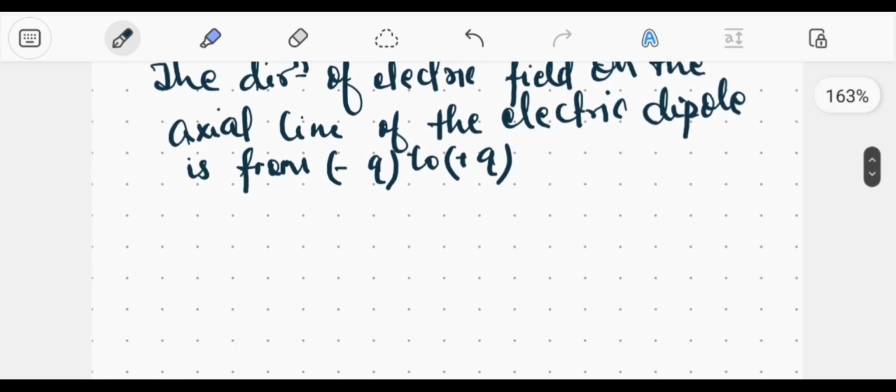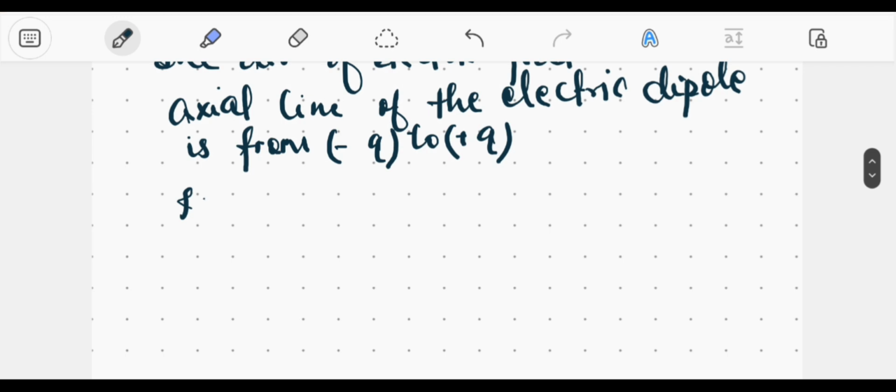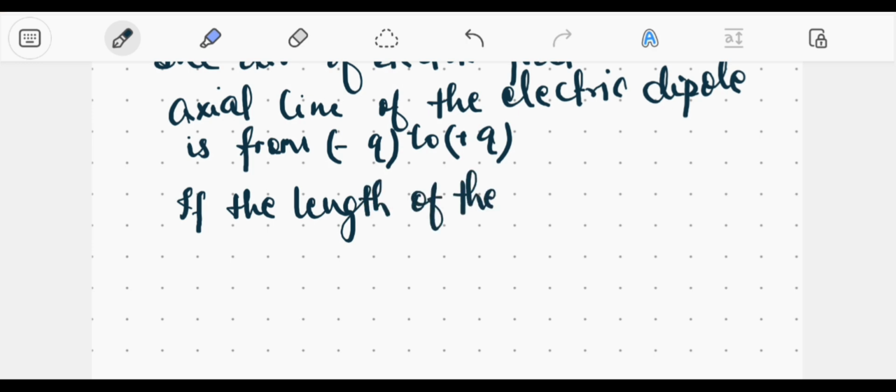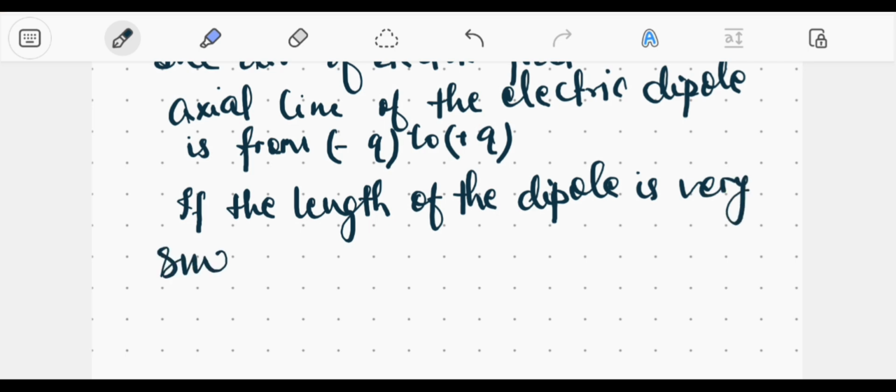Now if we consider any case, like the first case, if the length of the dipole is very small, in that case the length of the dipole, that is a, will be very less than r.